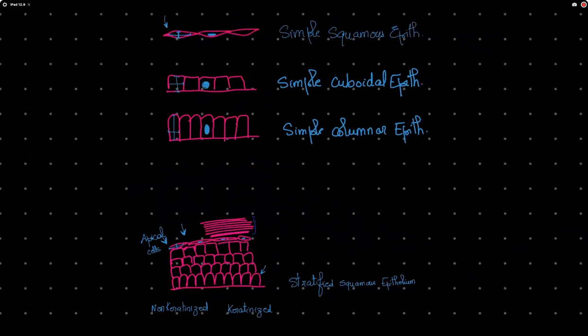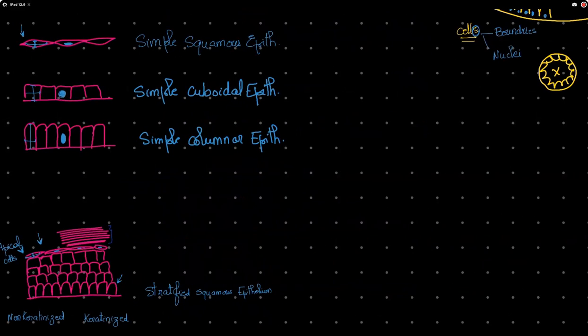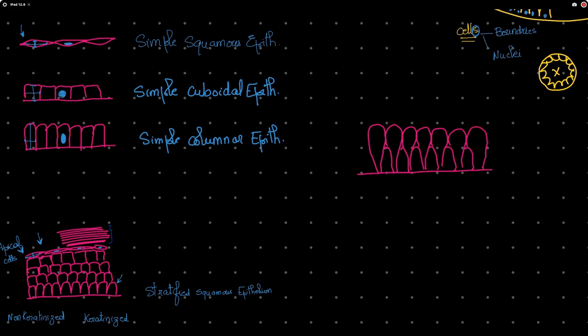What if I've seen a type of tissue that looks stratified? I can't see many cell layers on top of one another. But this top cell layer, when I look at its cells, I see that the cells are columnar.